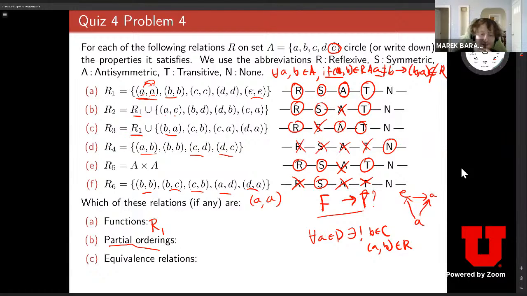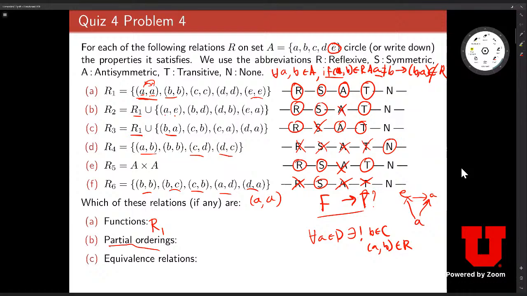Okay, so what do we need for something to be a partial order? It needs RAT: reflexive, antisymmetric, and transitive.